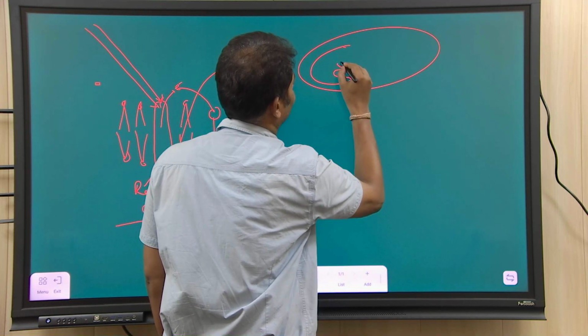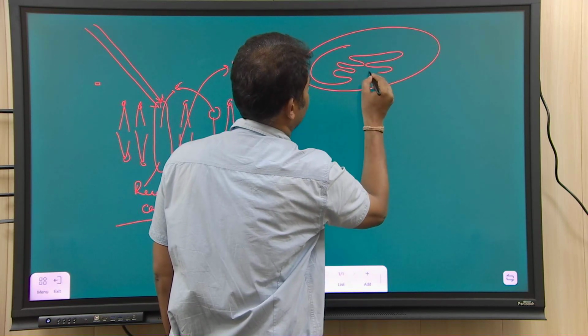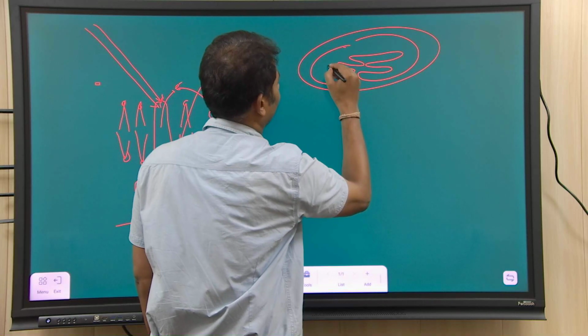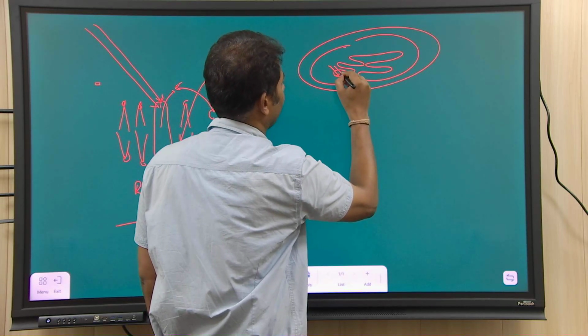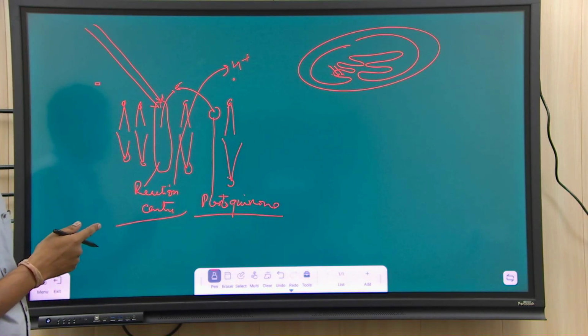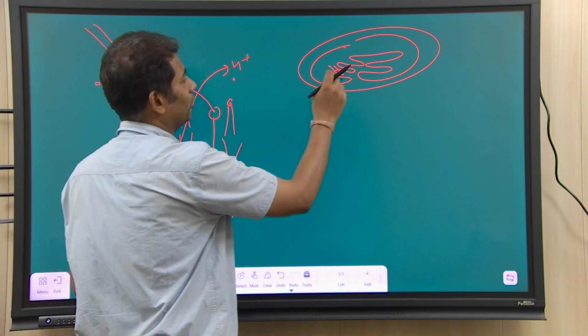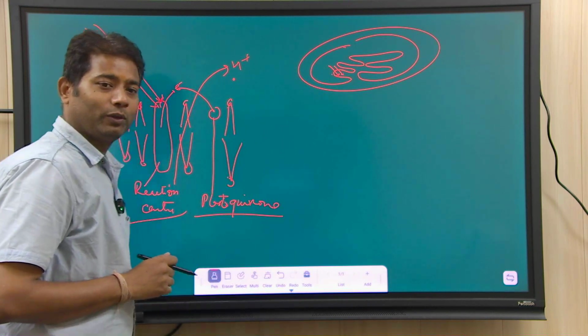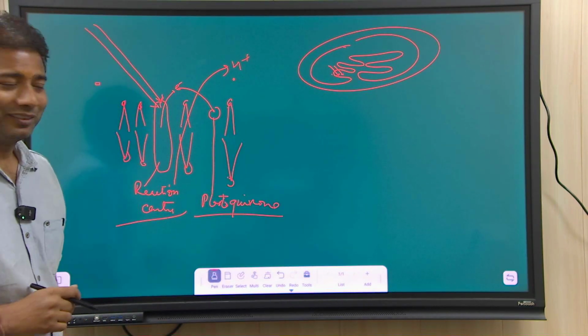This is the inner thylakoid membrane, and the protons are moving here when the electrons are transferred. So the high concentration of protons rises here.